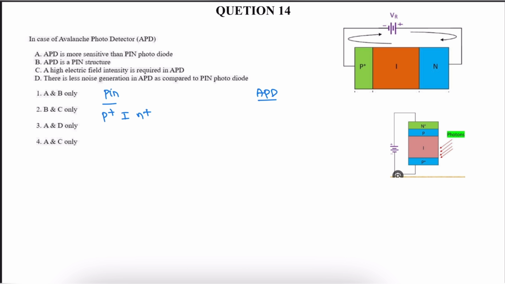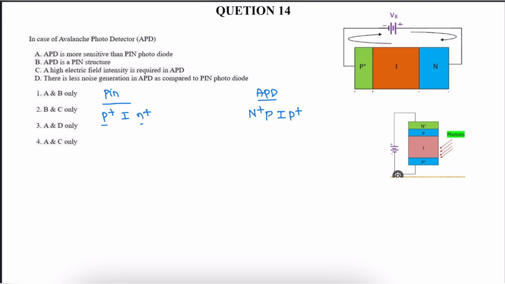The avalanche photodiode has N plus, P, intrinsic and then P plus region. In the PIN diode, a lightly doped intrinsic semiconductor is sandwiched between highly doped P region and N region.